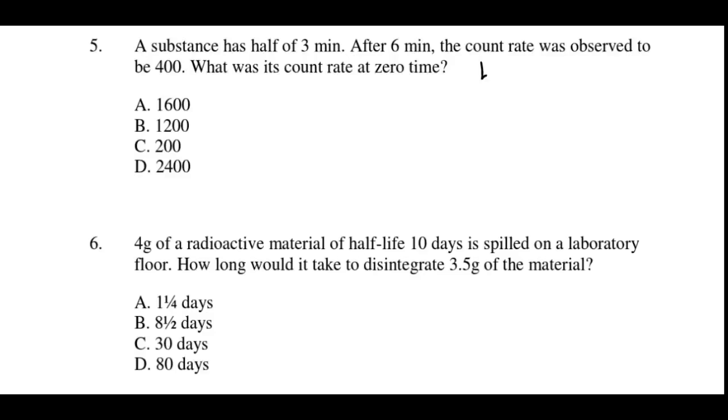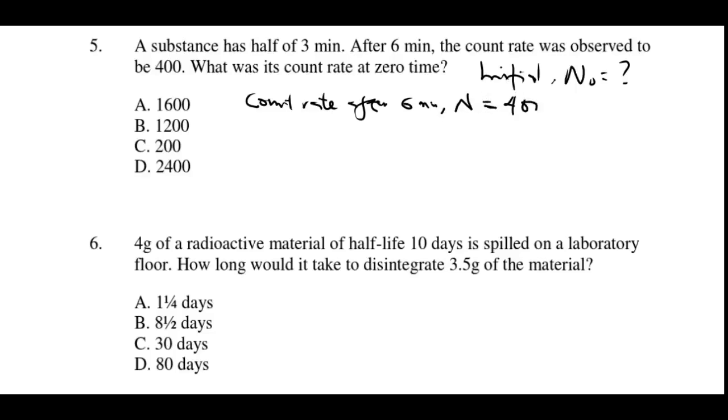The initial count rate is what we don't know. That's what they asked: what was its count rate at 0 time? So that's the initial count rate. We don't know it. The count rate after 6 minutes, that is our N, is 400.